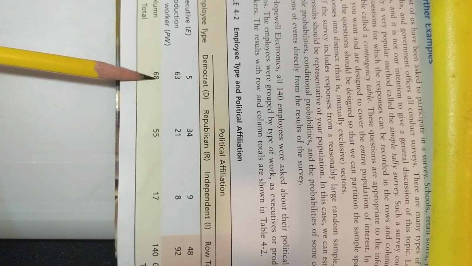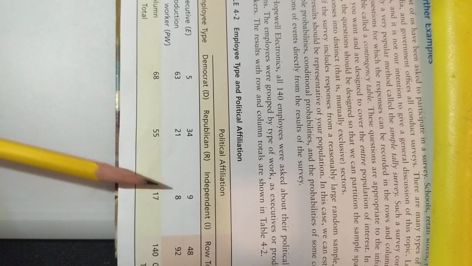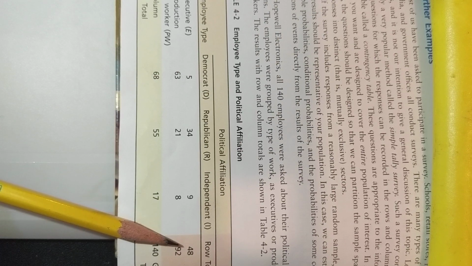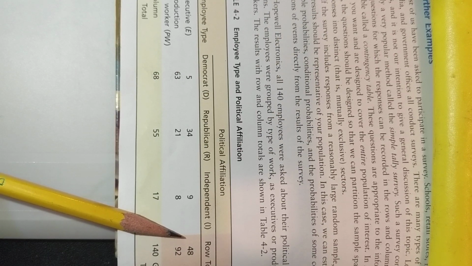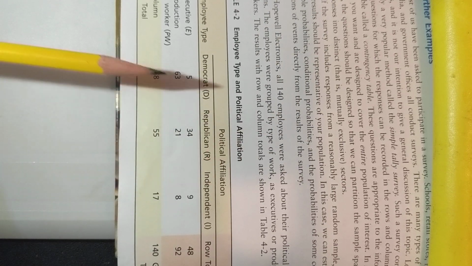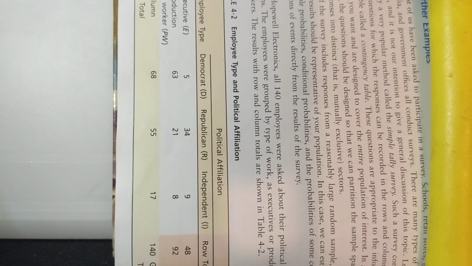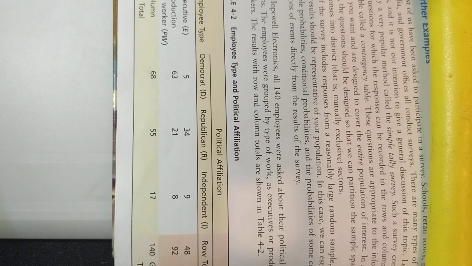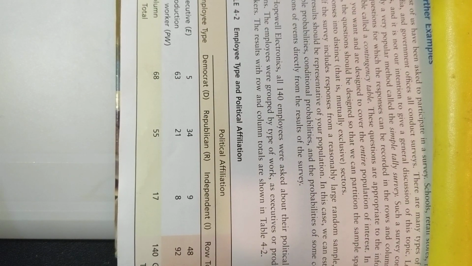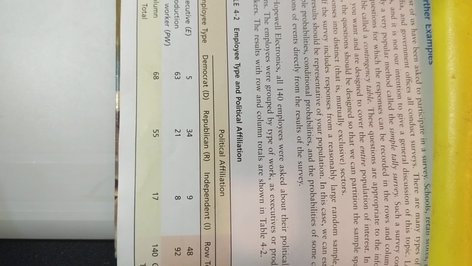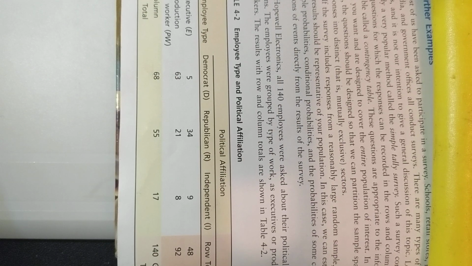Because if we count those 5 Democratic executives here, we can't count them there. So we have to subtract the 5 Democratic executives, and you should be getting the answer of 79.3%.